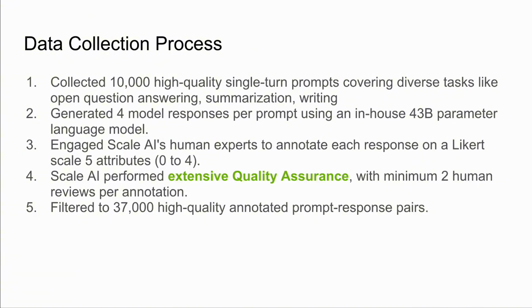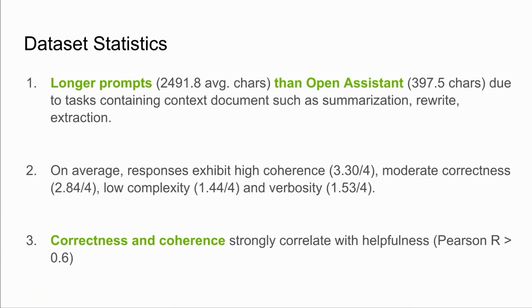Compared to existing datasets like Open Assistant, our prompts were substantially longer because we have tasks involving context documents, such as summarization, where you need a page or multiple pages of documents for them to then summarize.